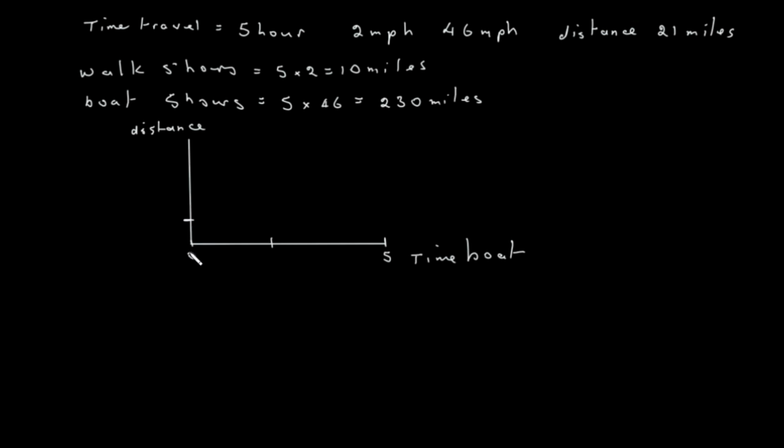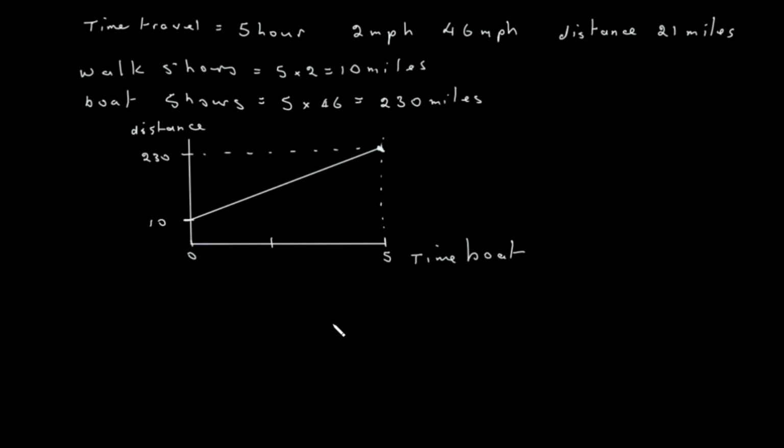If we have no time in the boat, it is walking all the way, so that is 10 miles. If we have no walking, all time in the boat, we have 230 miles. Now we can relate this. If we come across there and we come across there like that, we have a straight line graph, and it really does work like this.